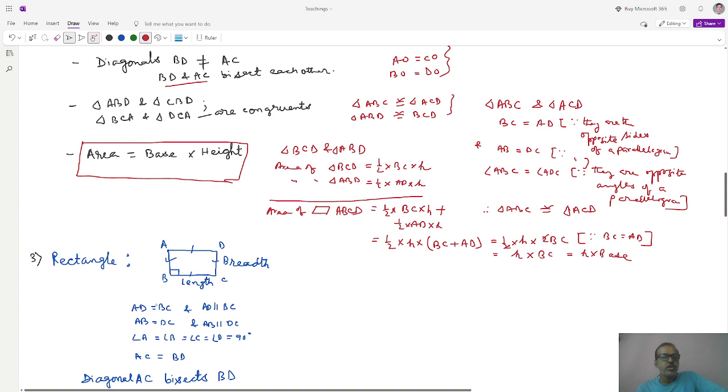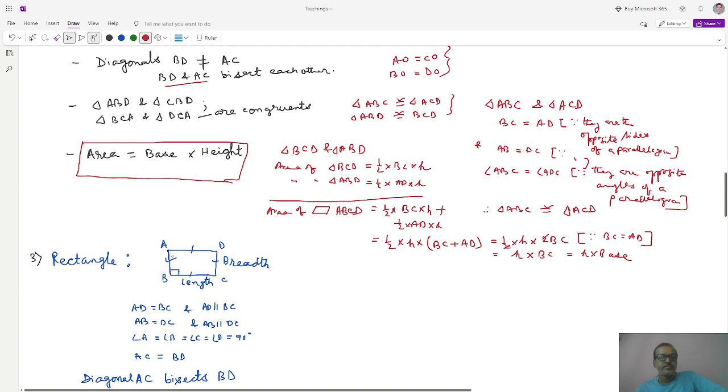For rectangle ABCD, AD equals BC and AD is parallel to BC. Similarly, AB equals DC and AB is parallel to DC. So opposite sides are equal and parallel, and angle A equals angle B equals angle C equals angle D equals 90 degrees, or one right angle.